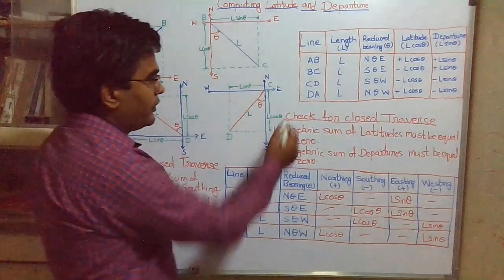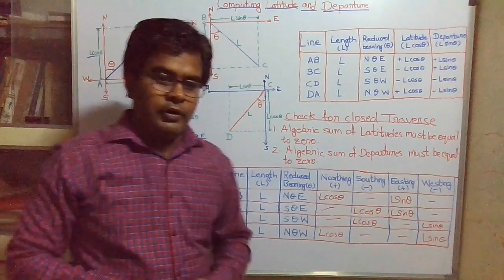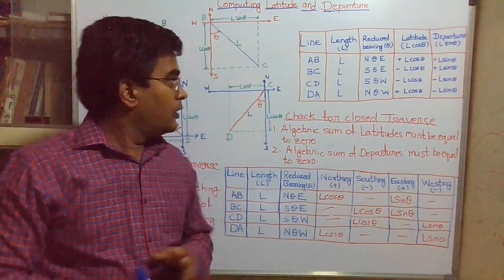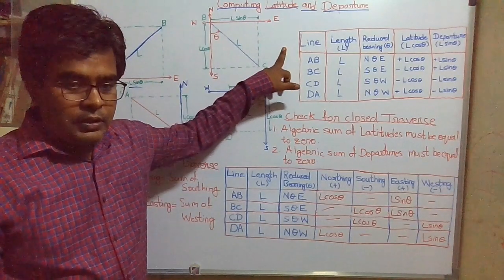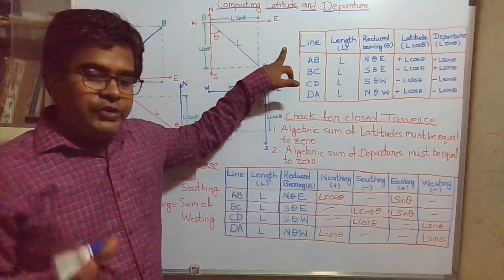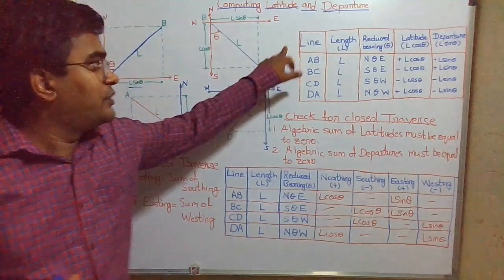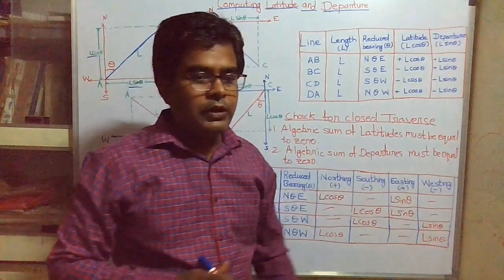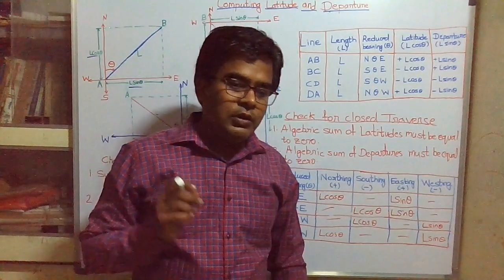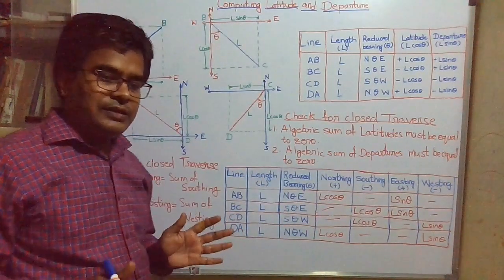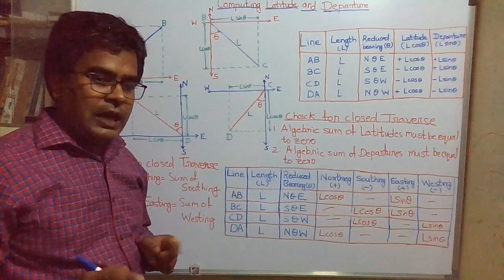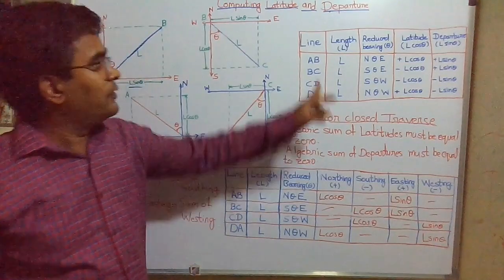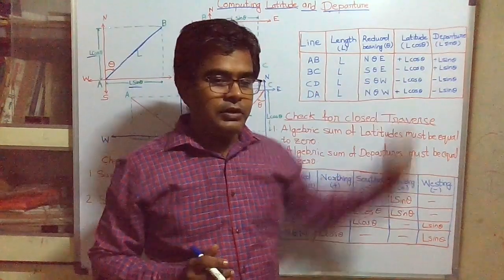Let us move to the next concept, check for closed traverse. Whenever we do traversing with the theodolite, first we compute this table, converting each line, using its bearing, into latitude and departure. By knowing the length and angle, we convert the line into coordinates, and those coordinates are nothing but latitude and departure.